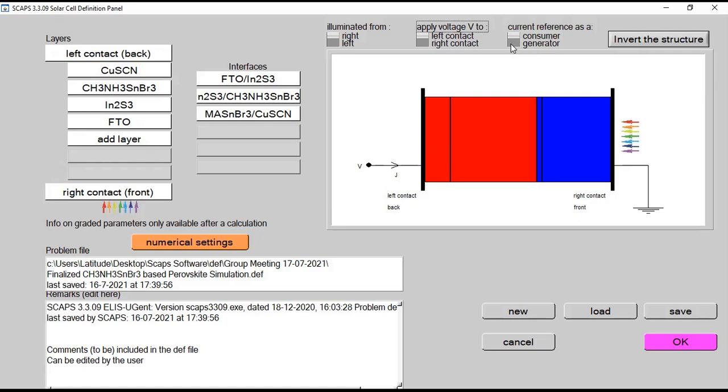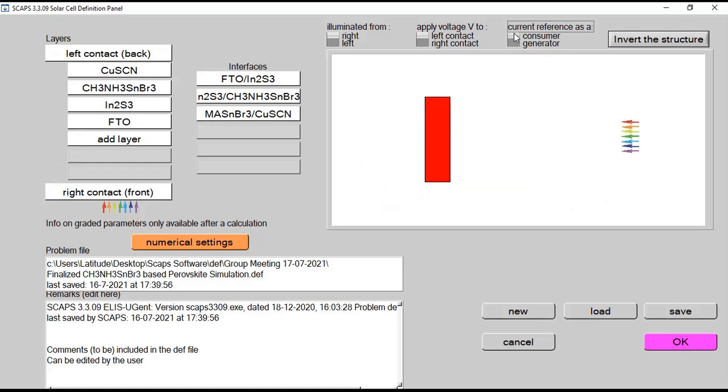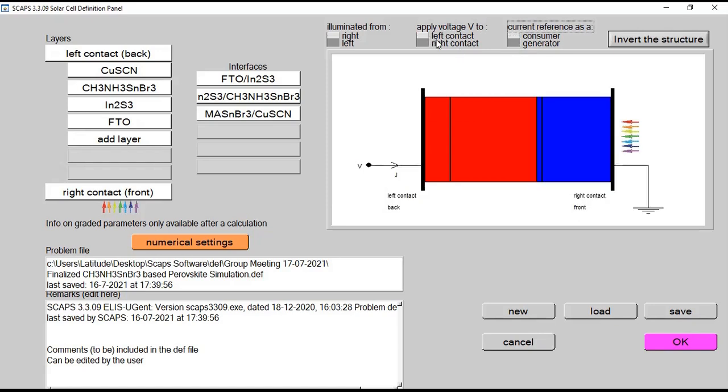If you are working with the consumption side, it should be like the top one, and if it is for generator side, it should be like that. So there are two things: the direction of the current. If it is consumer side, the current direction will be inward to your perovskite device. And if you keep this button as generator side, it will be outward. So on both things, in the normal case, I strongly recommend you keep the voltage from left to right and current as consumer side instead of generator side. Okay.